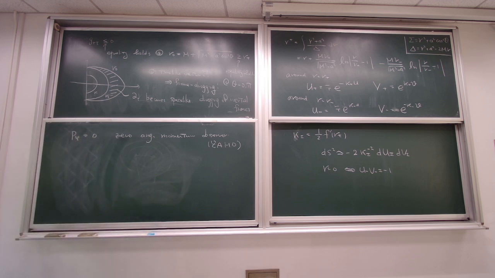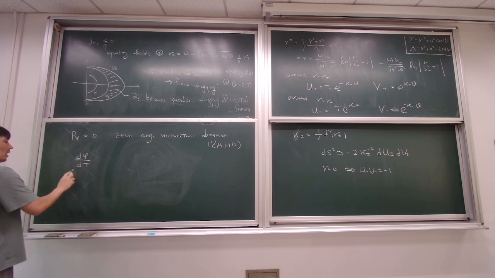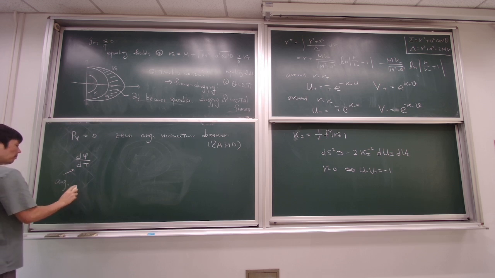Somehow astronomers or relativists use ZAMO; it looks like a very common usage. But if you consider the angular velocity d phi over dt, this is the angular velocity instead of a momentum.